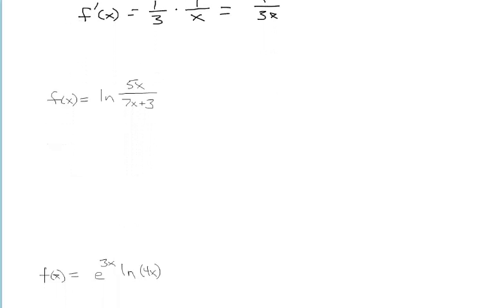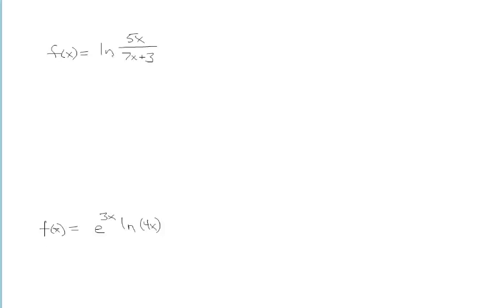In the next example, again, we can use one of the properties from above to make this much easier. If you don't use the properties, you end up having to use the quotient rule to take the derivative of what's inside the ln. So here, I'm going to rewrite it so that I don't have to do it the long way. And I'm going to say ln of 5x minus ln of 7x plus 3. Now I'm going to take the derivative. So f prime of x is equal to, and I'm going to put my fraction bar, 5x in the bottom, and the derivative of 5x is 5.